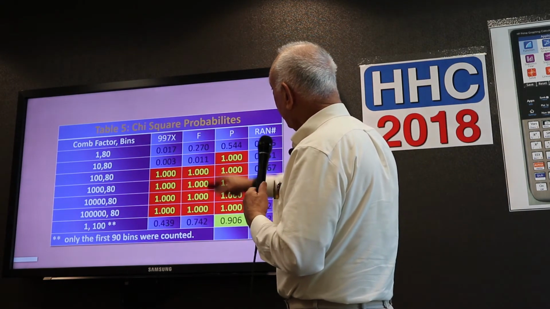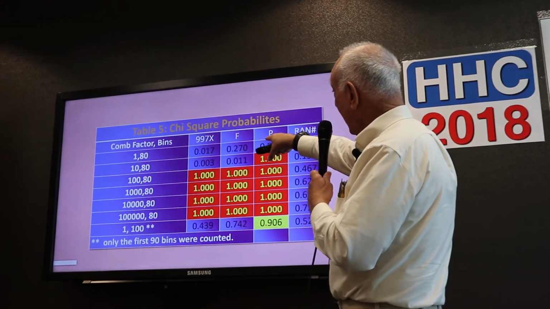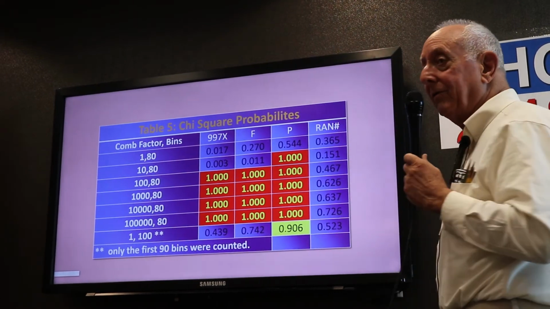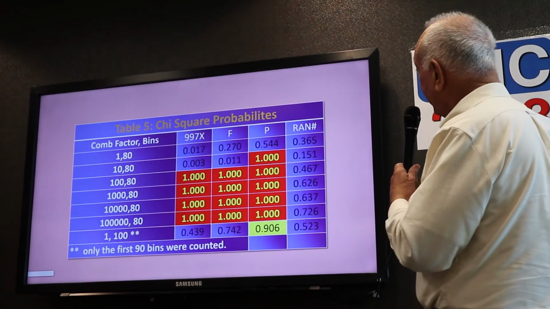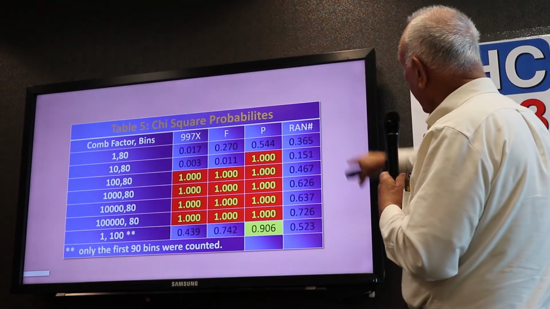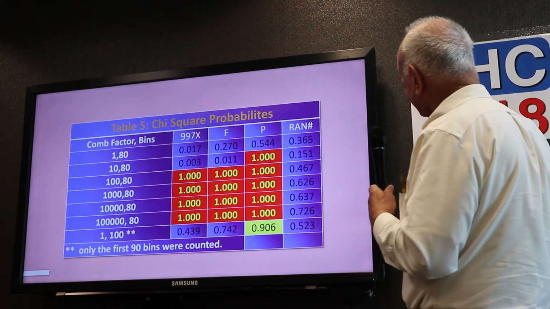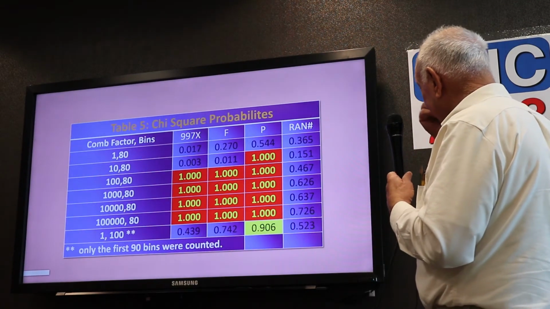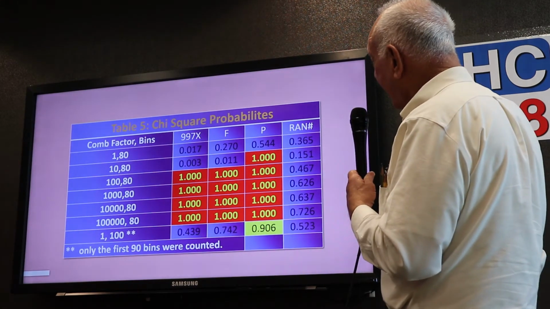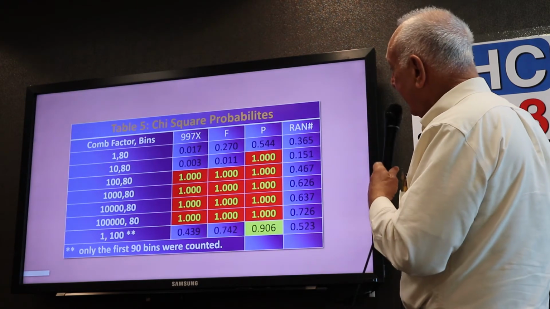So here I multiplied by 10, and as you can see, the second digit is also pretty good for 997X. The Pell series broke down on the second digit. And going on, now you get to the third digit and on down.